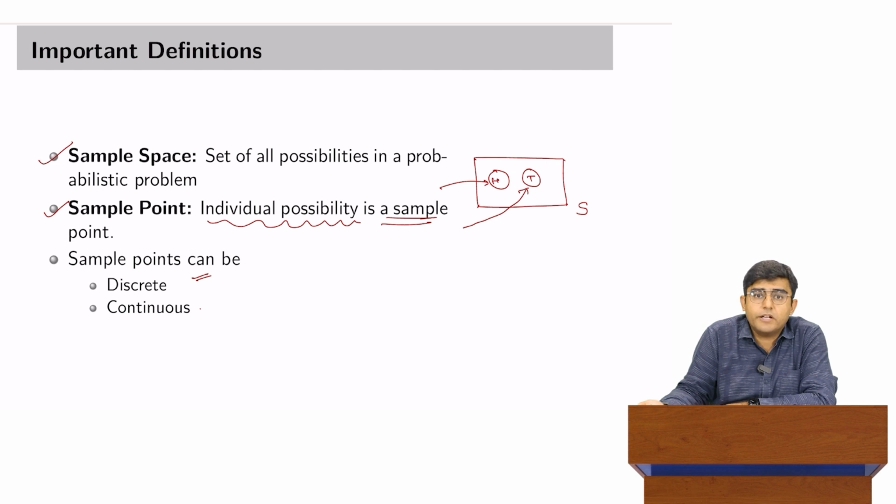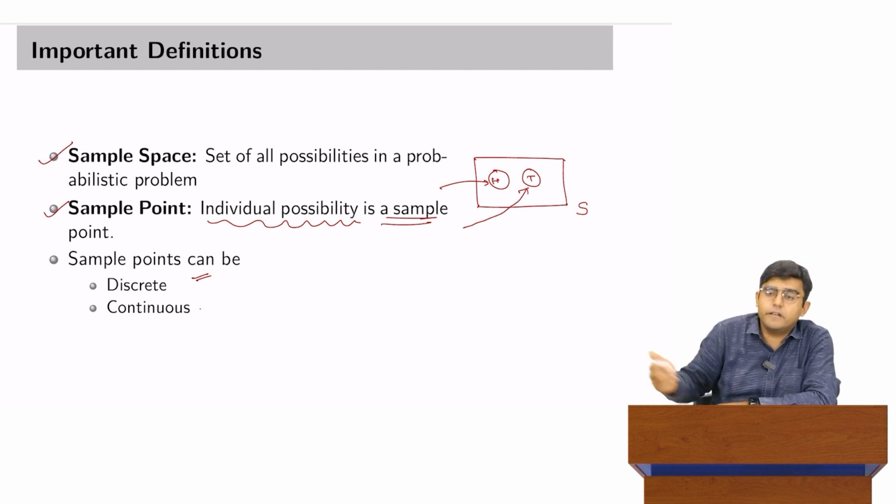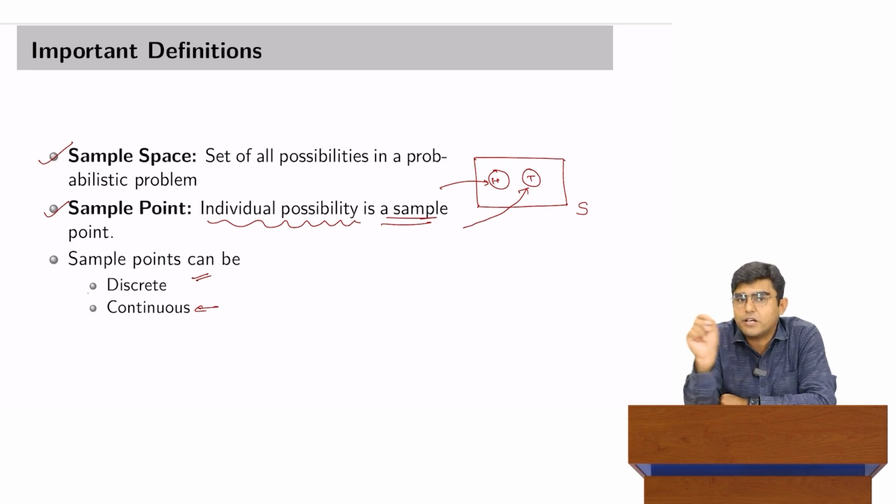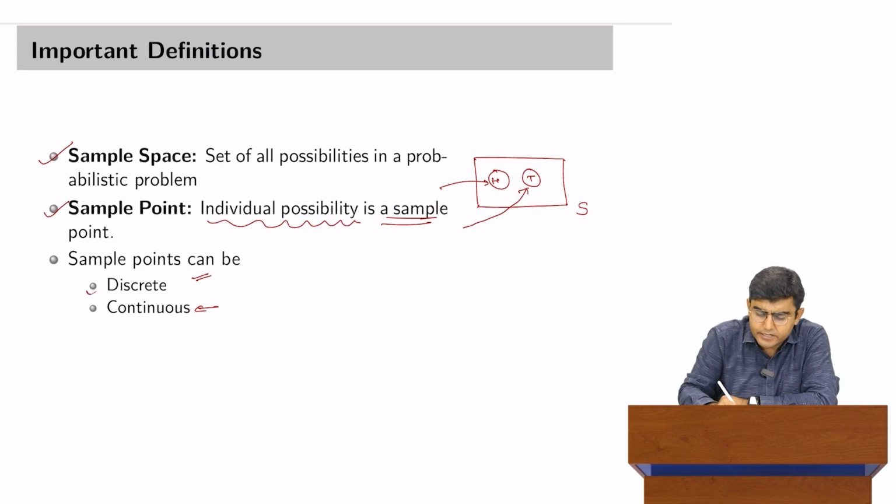For example, in coin toss, it's head or tail, or it can be continuous. If I'm talking about flood level in the river, flood level of 5.5 feet, flood level of 5.52 feet, or flood level of 5.6 feet, all these three values can be plotted on a continuous number line. Hence they can also take continuous values. So these sample points can be discrete or continuous.